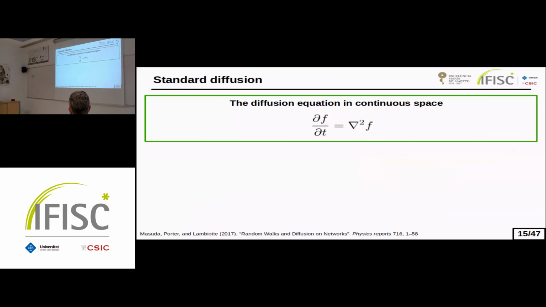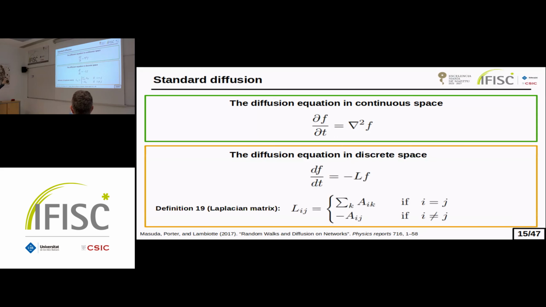Now, the main dynamical process that we will study is diffusion. And as you know, diffusion relates the temporal evolution of a given field with its spatial inhomogeneities that are captured by the Laplacian operator. When we are in a network, the Laplacian cannot be a differential operator as usual.